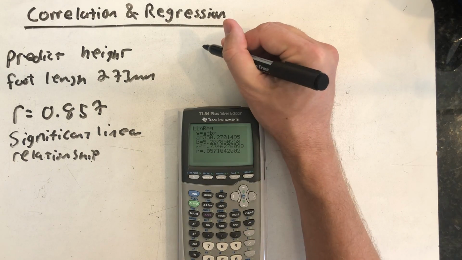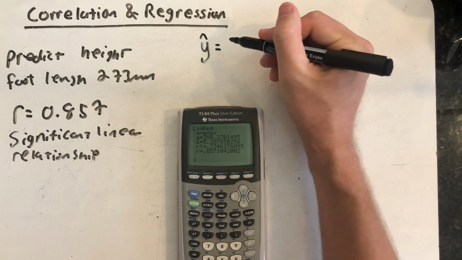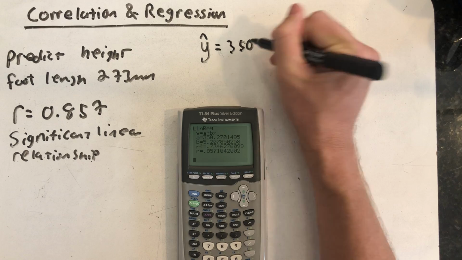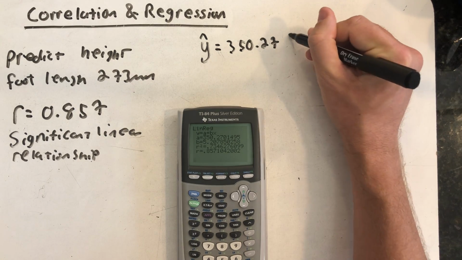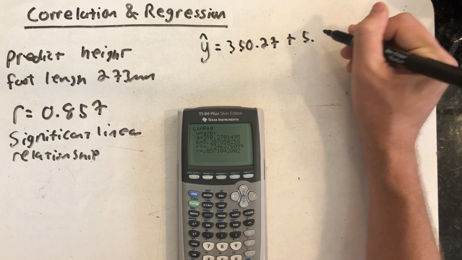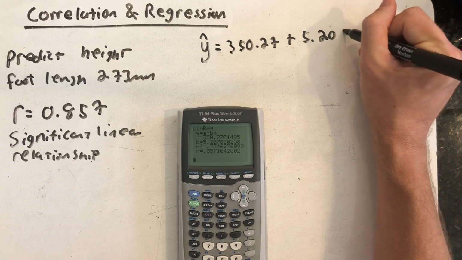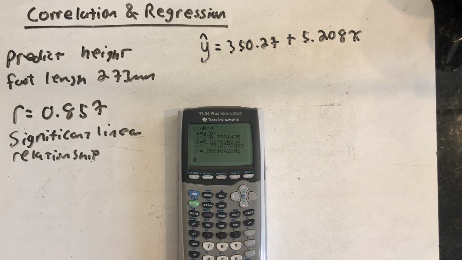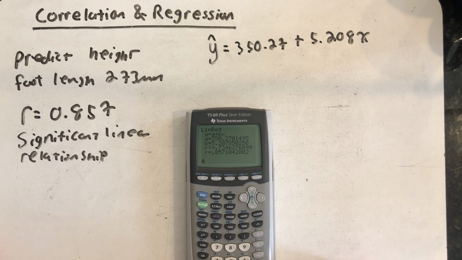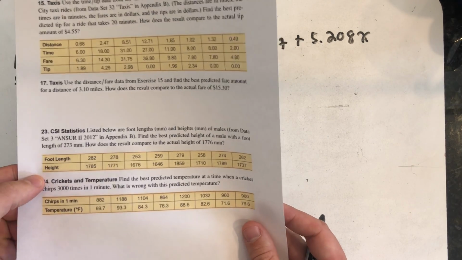Looking at our calculators, I see the regression equation is 350.27 plus 5.208x. There's my nice happy regression equation. All right, my x's, going back to the original data, were the foot lengths and my y's are heights.